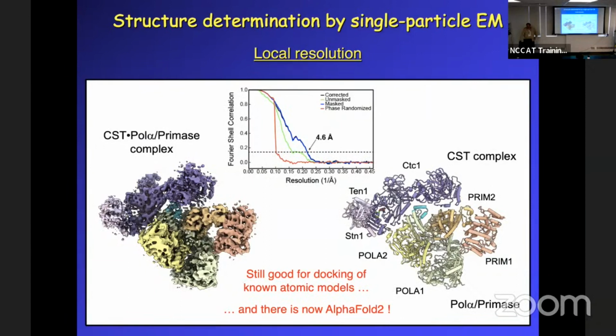What else do you use AlphaFold for? It can be really helpful for identifying components. So if you have a heterogeneous complex and you don't know what's missing, often you can dock in AlphaFold and you'll see either a domain is missing or a subunit is missing from your density map. And you can go back and look at your 2D classes.